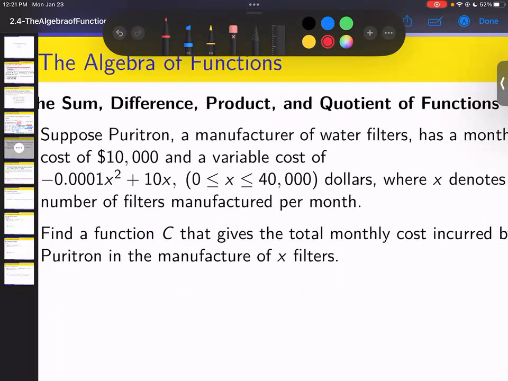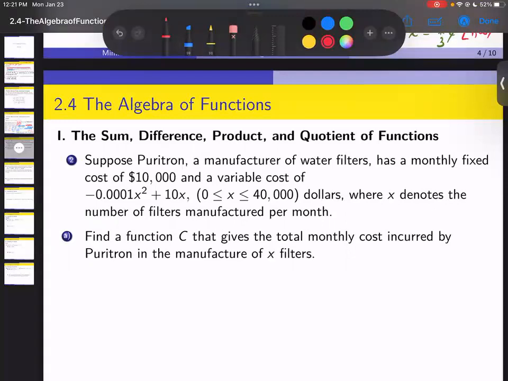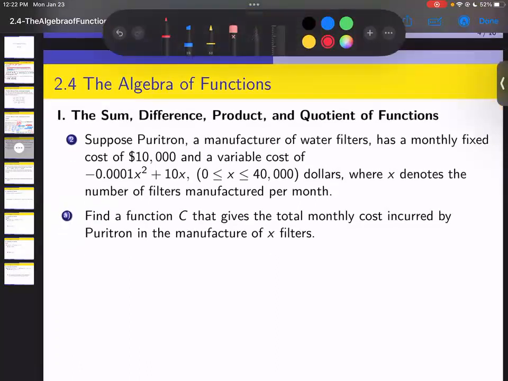That's your domain. Find the function C, the capital C denoting the cost function, C of x, that gives the total monthly cost incurred by Puritron in manufacturing x filters.